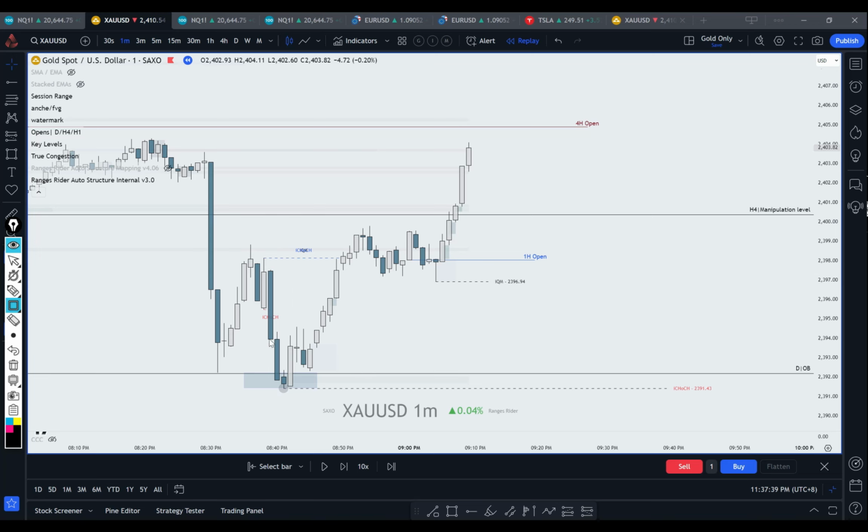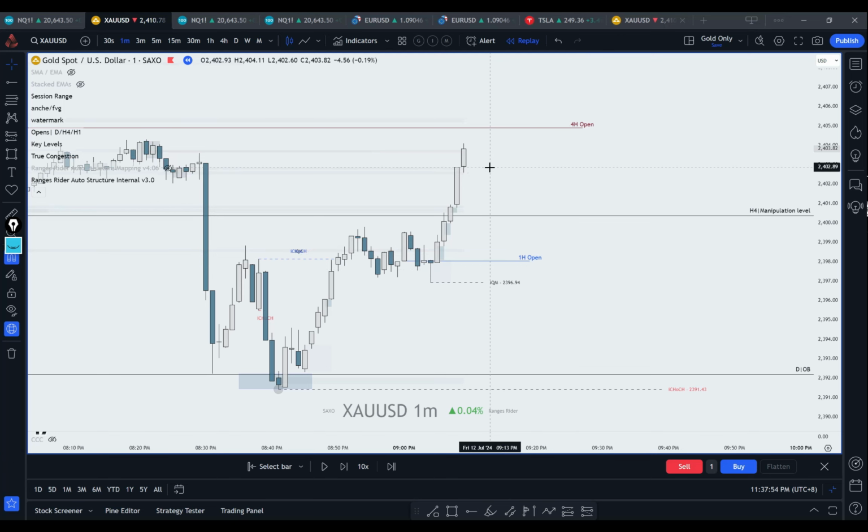But think about it, if someone sold into this zone, they are underwater already. So around this level we should buy. But the first thing we need to do is find our opposite QM.